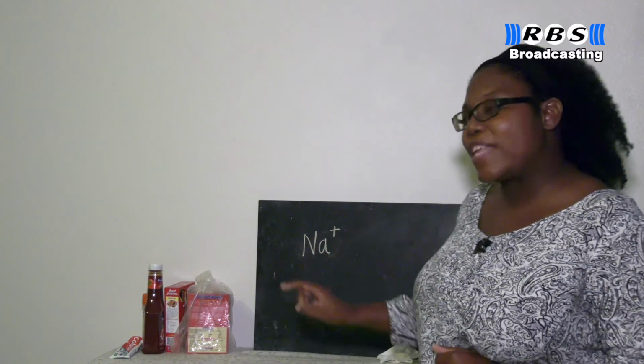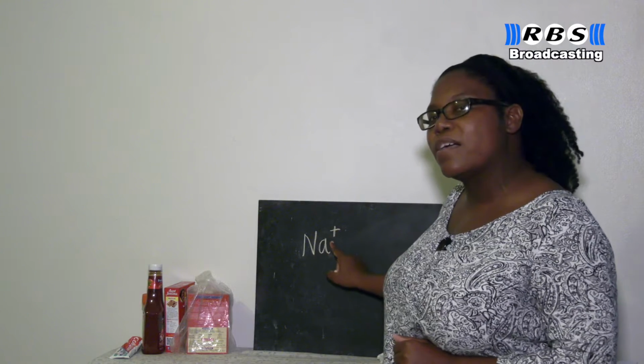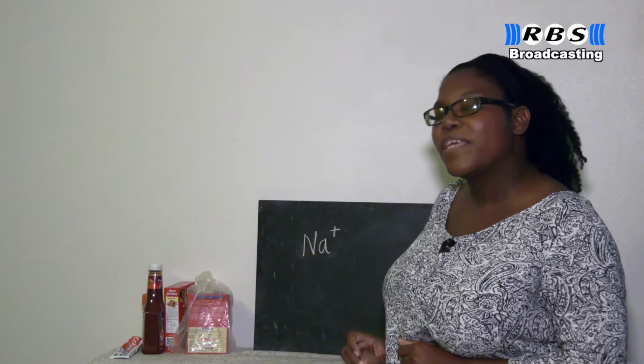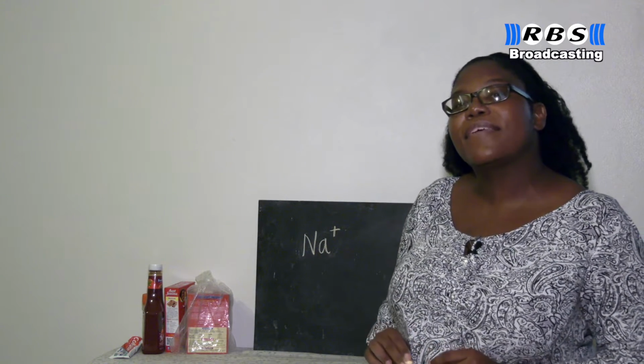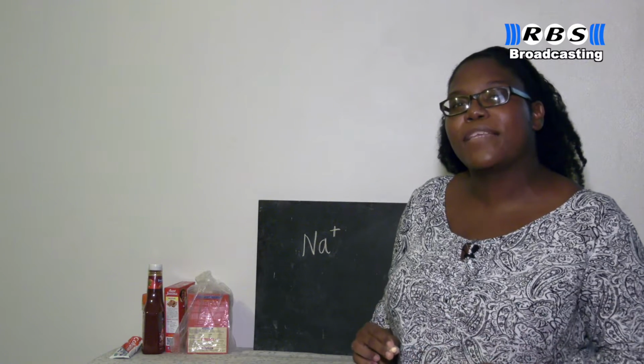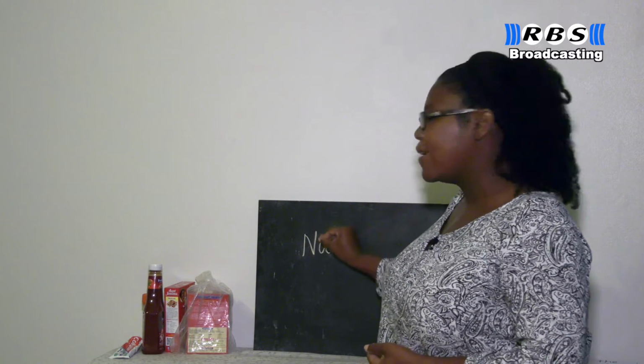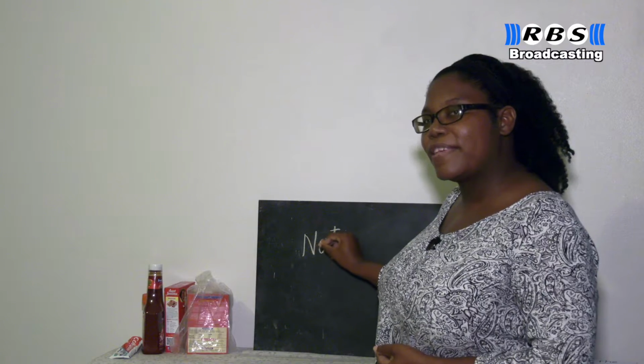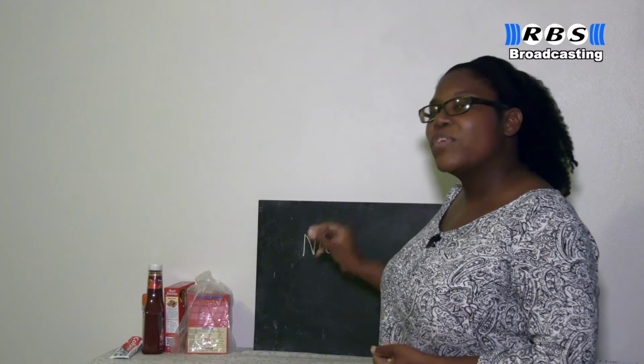This means that sodium has a single positive charge, but there's no need to write the number 1. We understand that there's a 1 in this ion. So when we write the chemical formula using sodium ion, there's no need to write number 1.